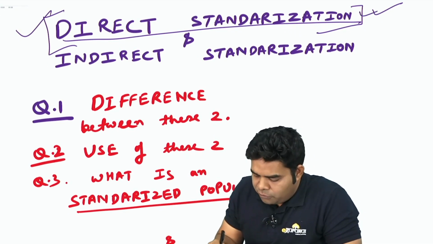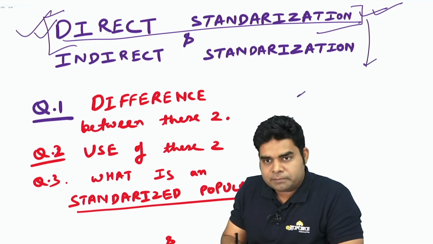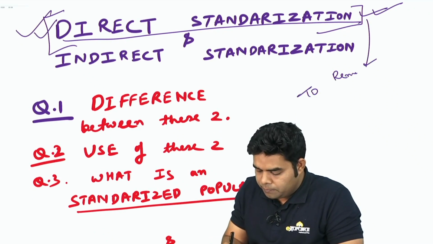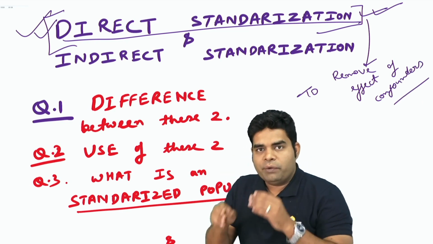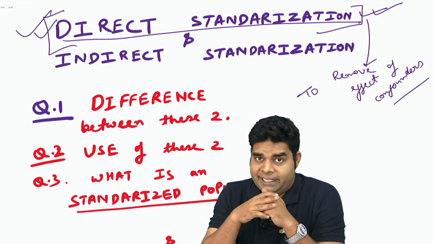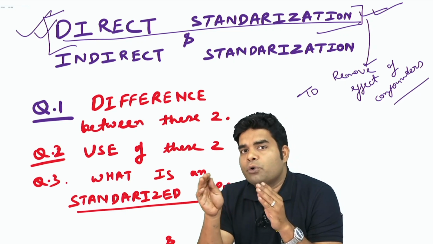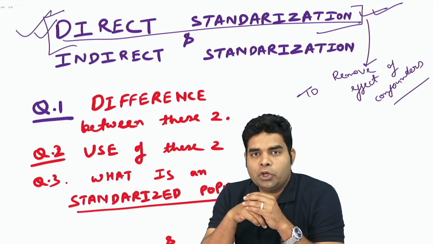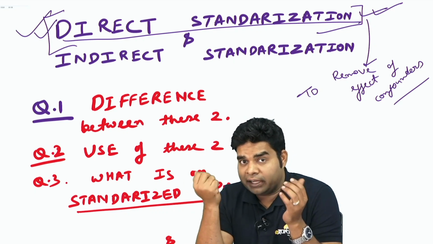The purpose of doing direct standardization is to remove the effect of confounders. For example, when you are comparing the crude mortality rate of India with the crude mortality rate of Japan, you will find that the crude mortality rate of Japan is much higher than India.